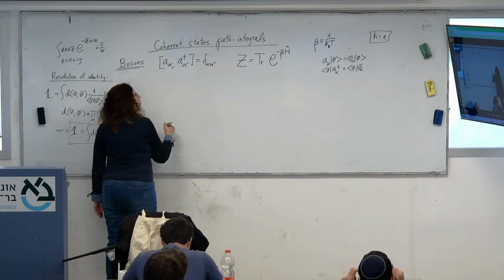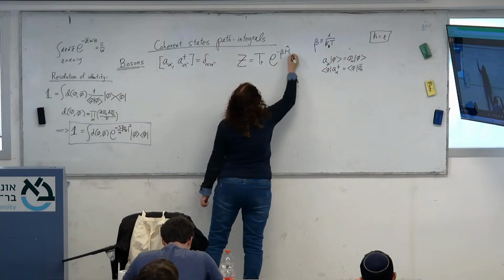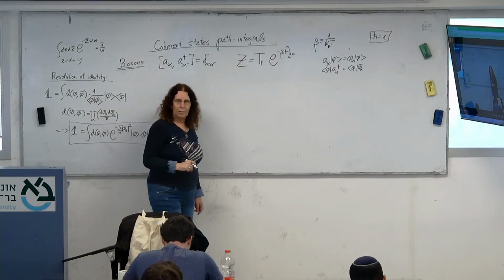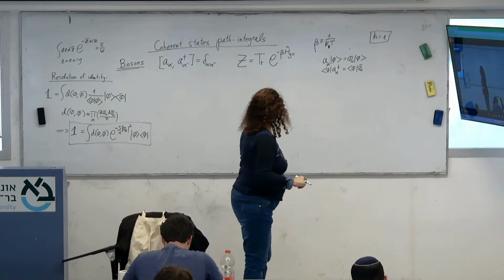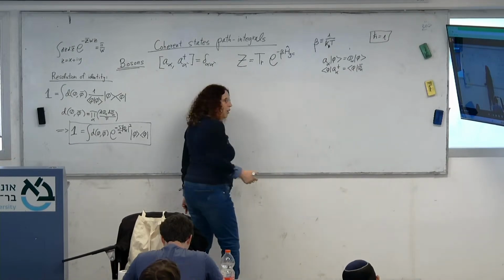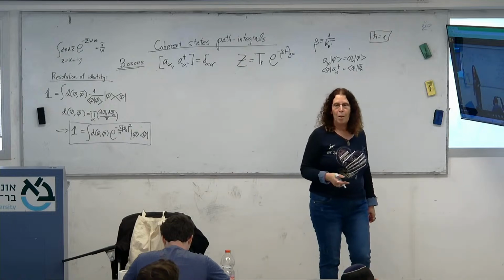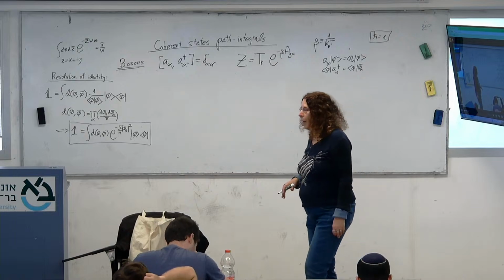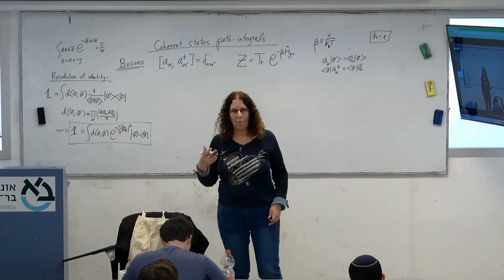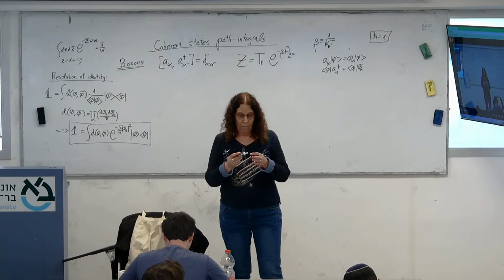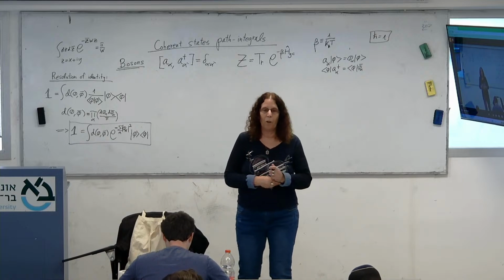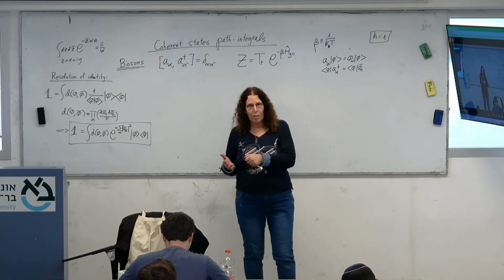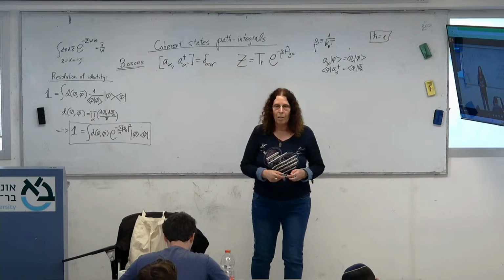And I want to compute, in fact, not the canonical, but the grand canonical partition function, because for most of the many-body problems that we're interested in, the grand canonical ensemble is much easier, much more appropriate, because you don't necessarily have a well-defined number of particles, you have a chemical potential instead, okay?